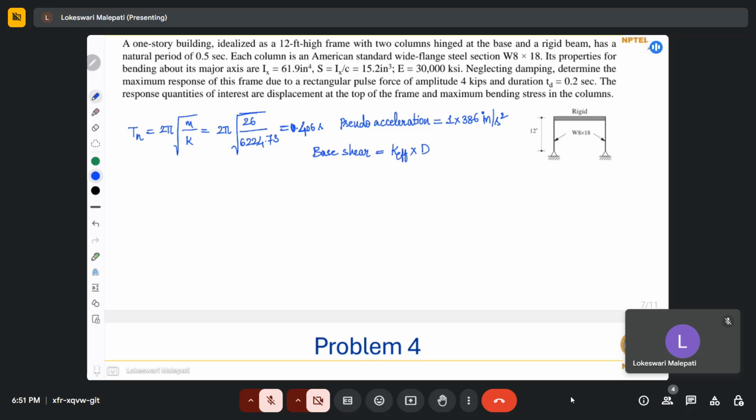The pseudo acceleration is actually defined as omega n square times the maximum displacement. So we can find out the displacement. This is A divided by omega n square. And again, omega n is equal to 2 pi by Tn, so that would be 15.48 radians per second.